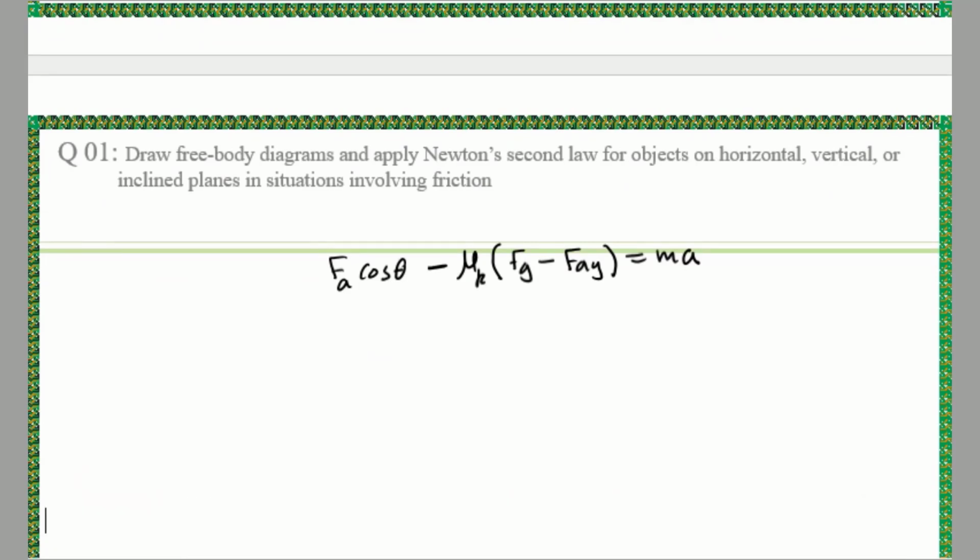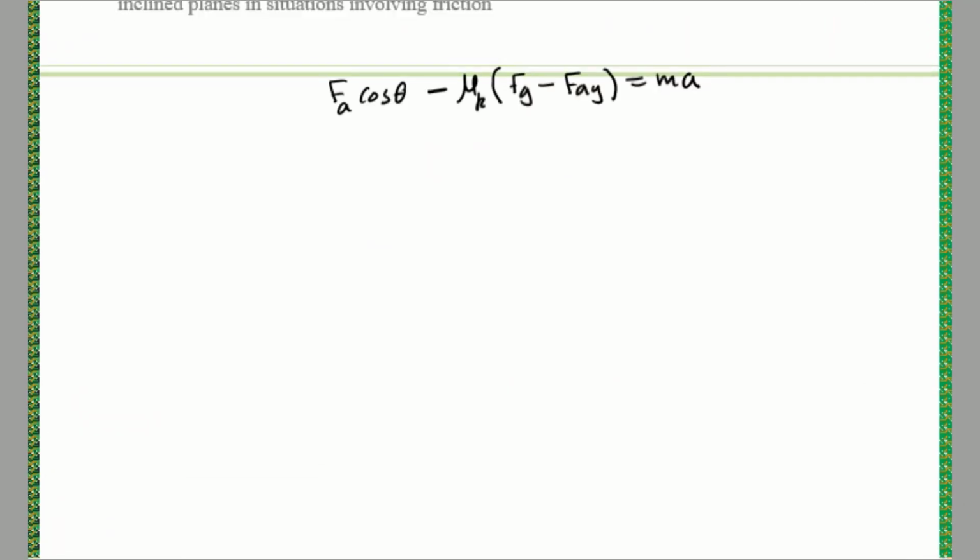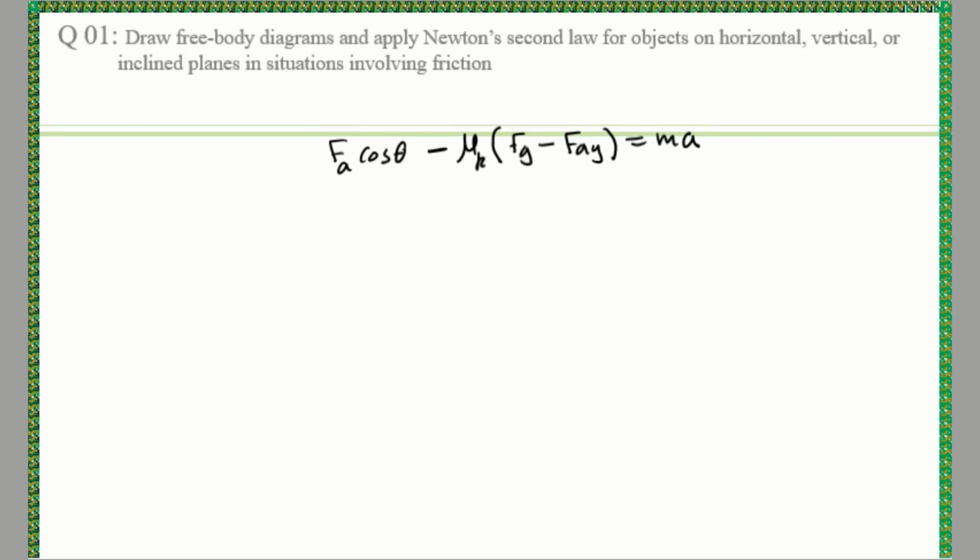Now Fa cosine theta minus mu k. For Fg we will put mg, minus, for Fay we have Fa sine theta, equals m times a.